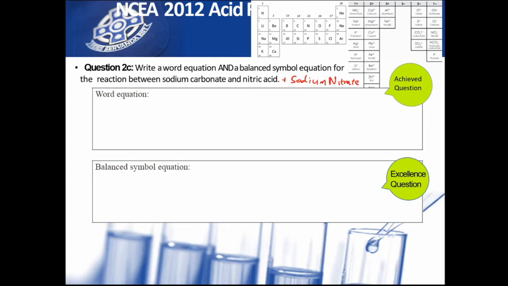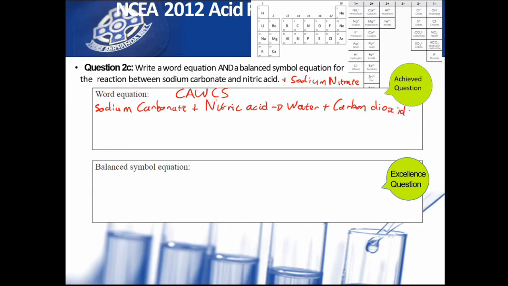So sodium carbonate plus nitric acid gives us, remember it's quarks, water plus carbon dioxide plus the salt.